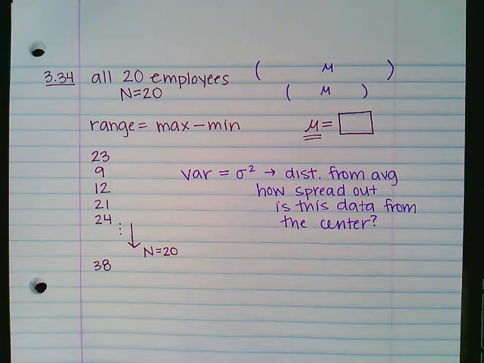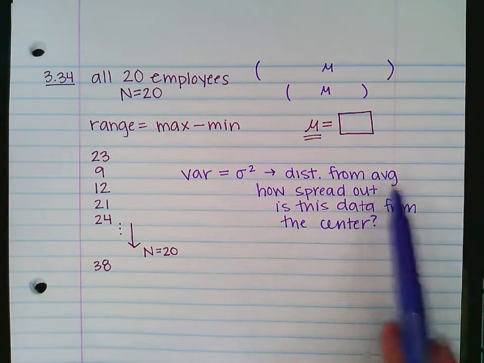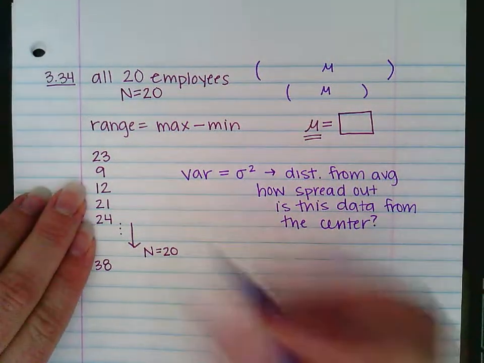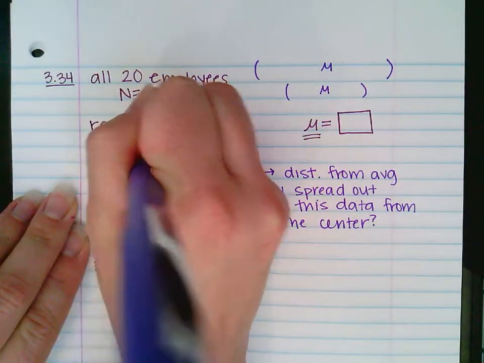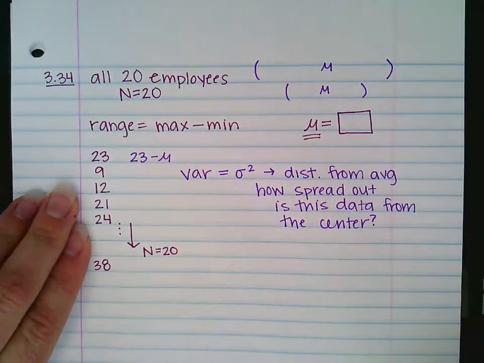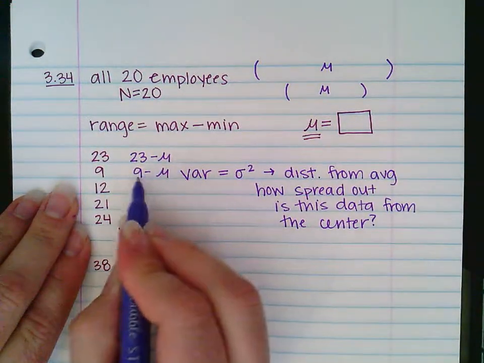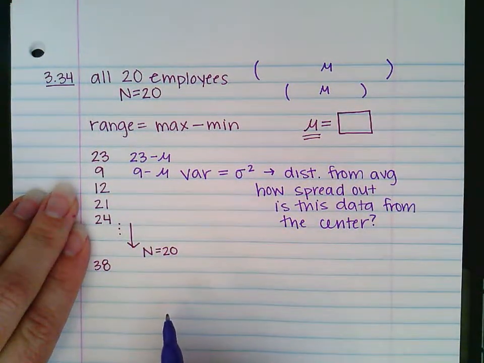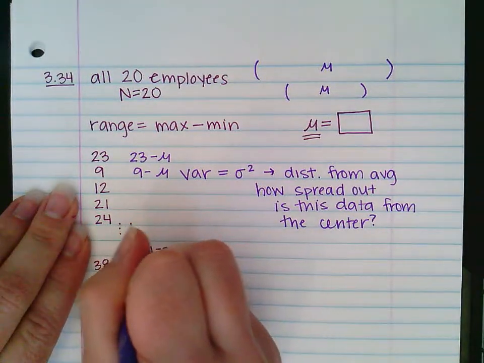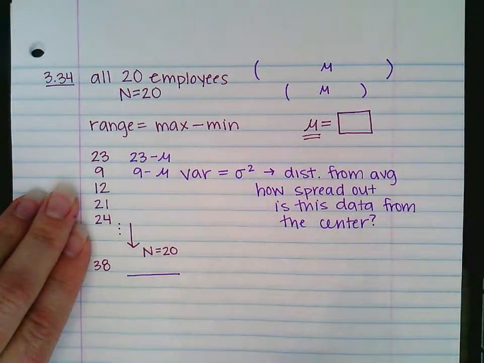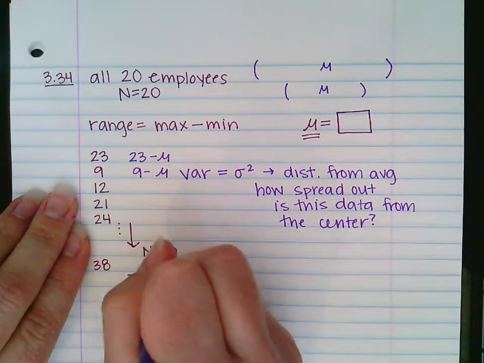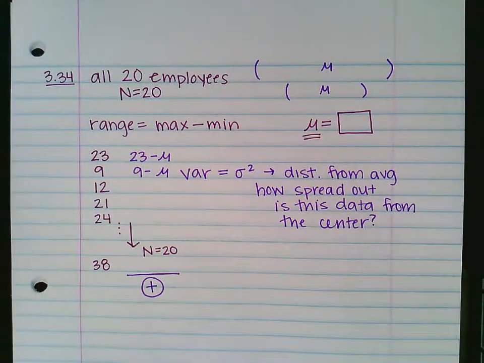Now, one thing that you could do to figure out the distance from the average is to take 23 and then just subtract the mean. 9 and subtract the mean. That would calculate the distance from the average, okay? And then if we wanted to figure out, well, how far is all of them from the average, and you add them all up, you could do that.